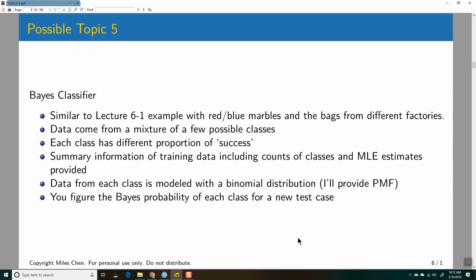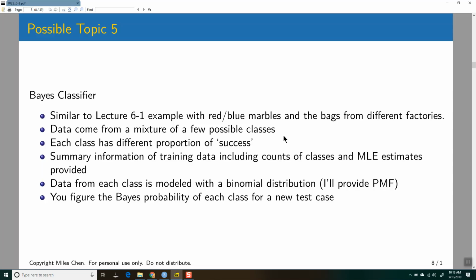And so one will be like a binomial Bernoulli thing, okay? And if it's that, then it's really similar to the example that we had with the red and blue marbles and the different bags and things like that. And so the data comes from some kind of mixture of possible classes, and each class has a different proportion of success.